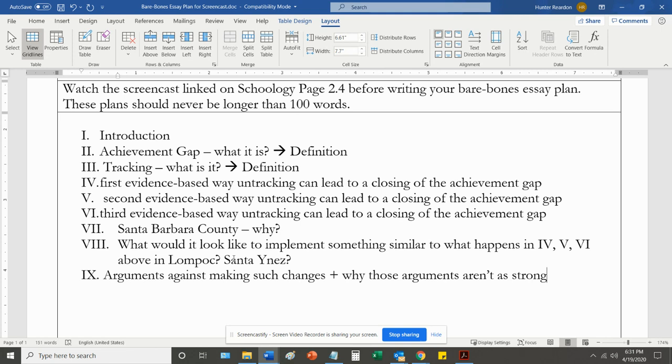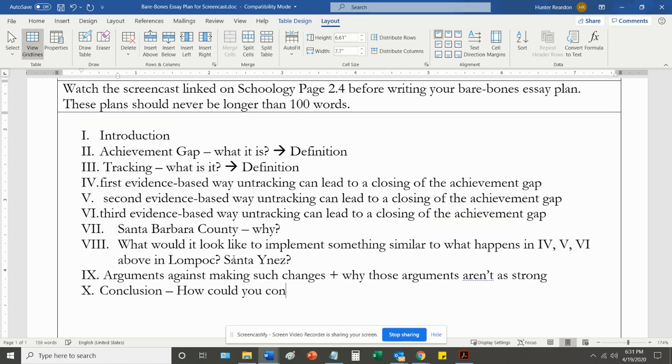All right, and then what else here? Okay, arguments against making such changes, and then maybe this is the conclusion. Who knows? We could add more things later. It's an iterative process, people. Conclusion. Why? How could you implement this?